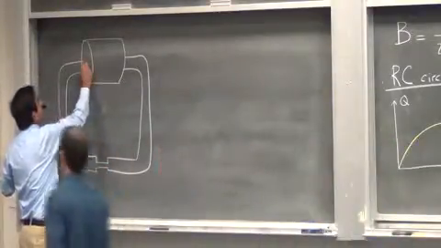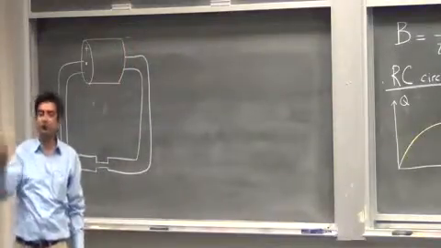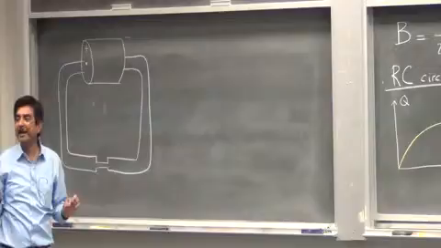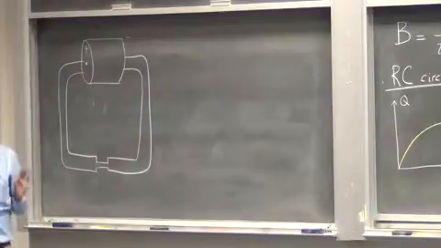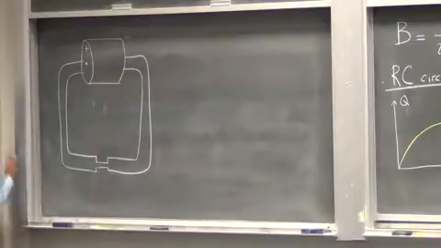Positive terminal, negative terminal. First of all, with this yellow chalk, I'm going to draw the electric field inside the circuit. Electric field in steady state, DC source.